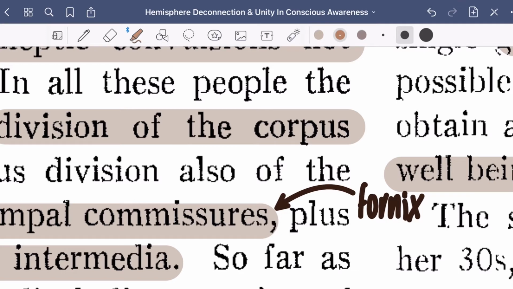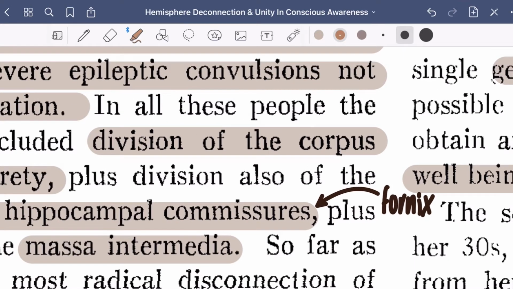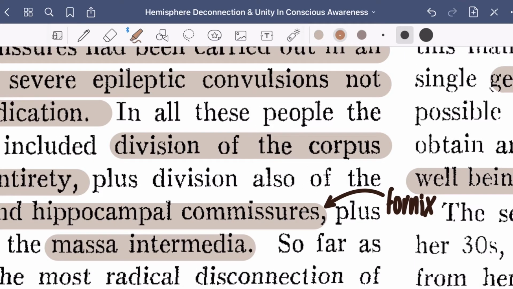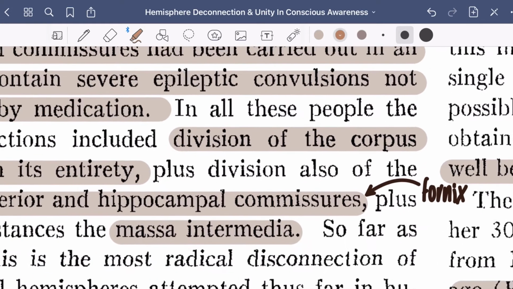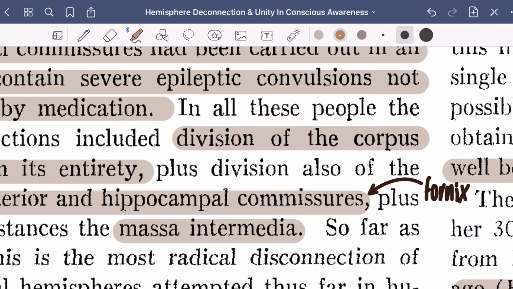Now, if you don't study biology or psychology or neuroscience, you may not know what the fornix is. It's an area in the brain. And the reason I have this written here is because a lot of the terminology in this paper is now outdated and areas of the brain now go by slightly different names. So the hippocampal commissures are now known as the fornix.